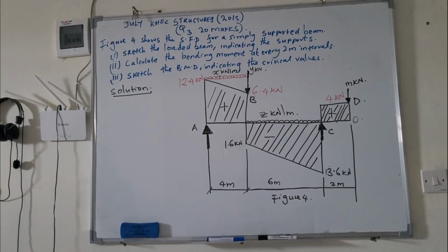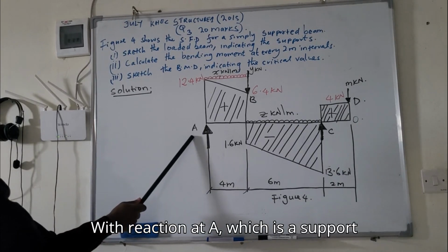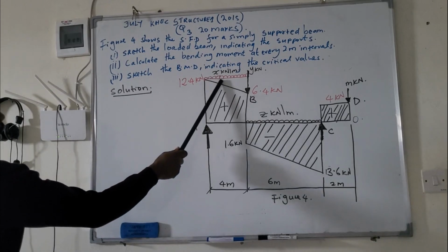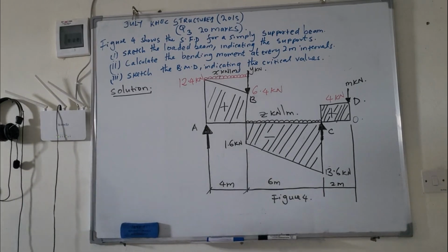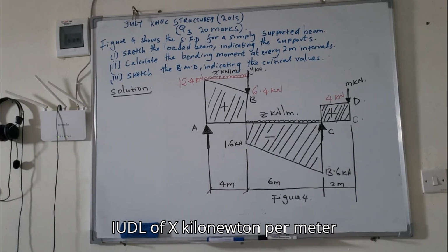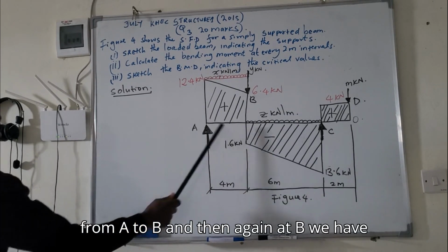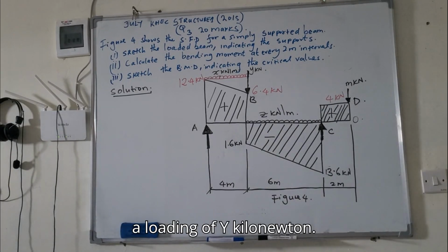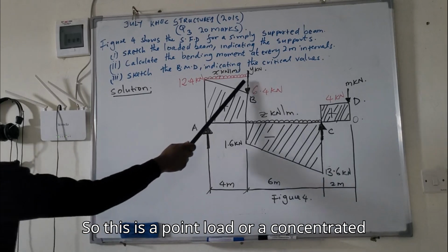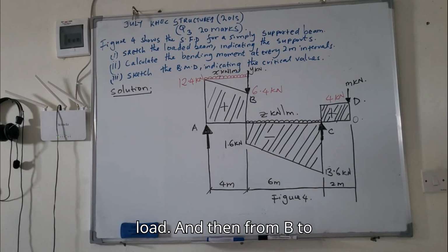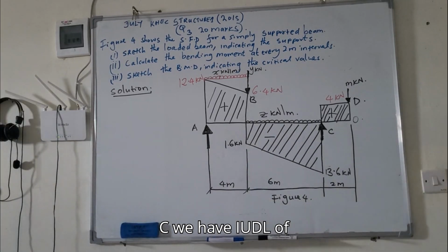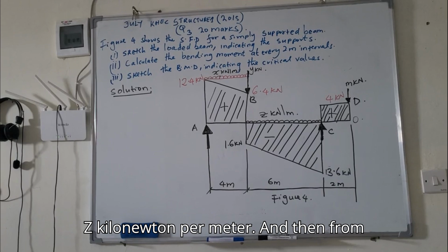So we have our beam with the reaction at A, which is a support, and a UDL of X kilonewton per meter from A to B. Then at B we have a loading of Y kilonewton, so this is a point load or a concentrated load. From B to C we have a UDL of Z kilonewton per meter.